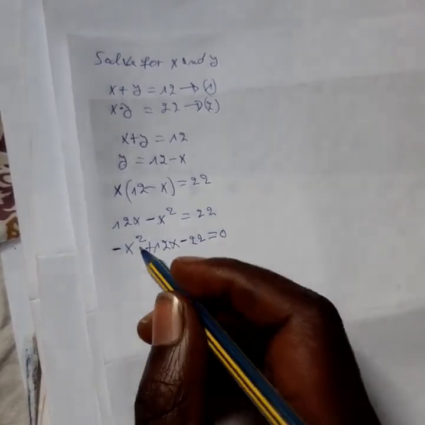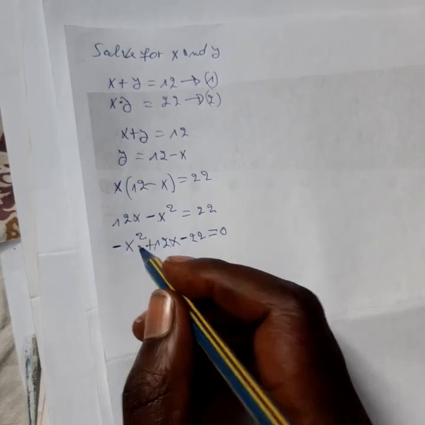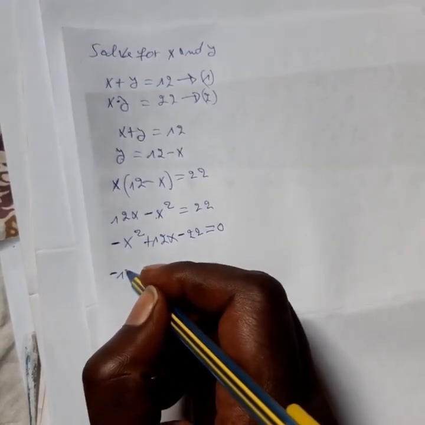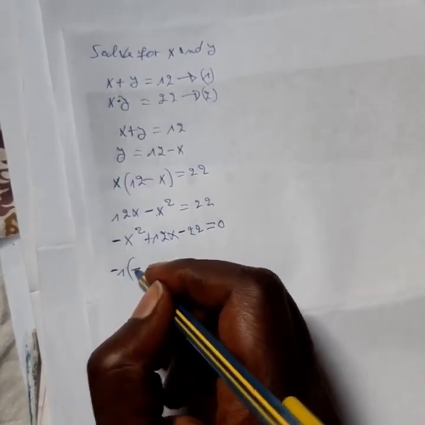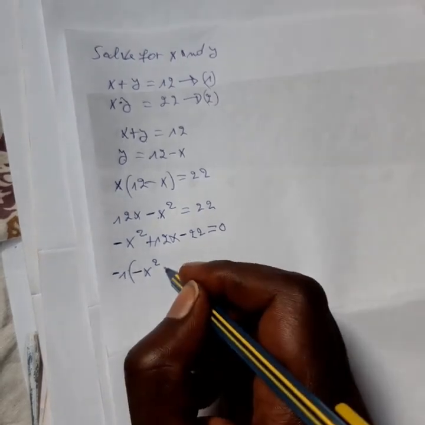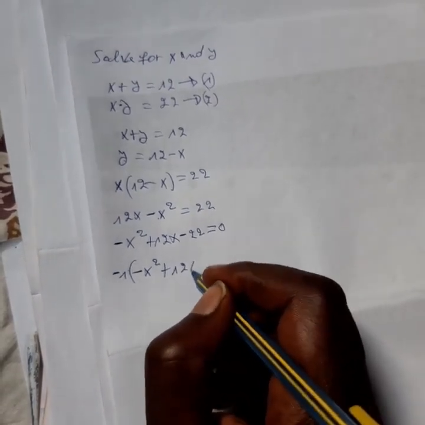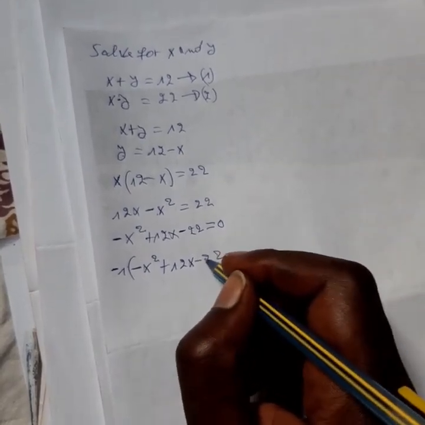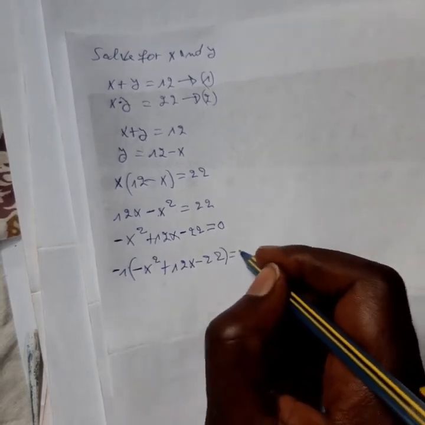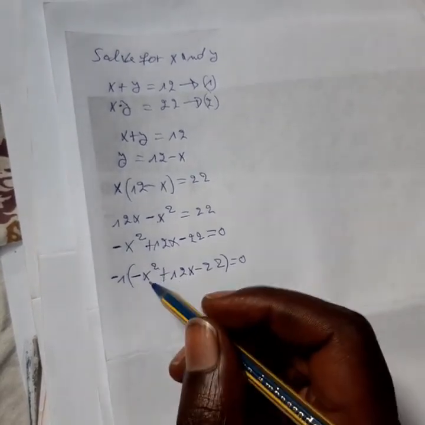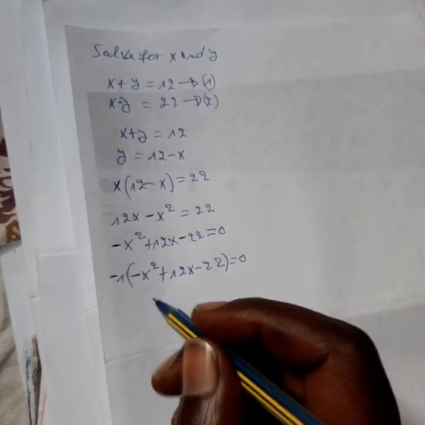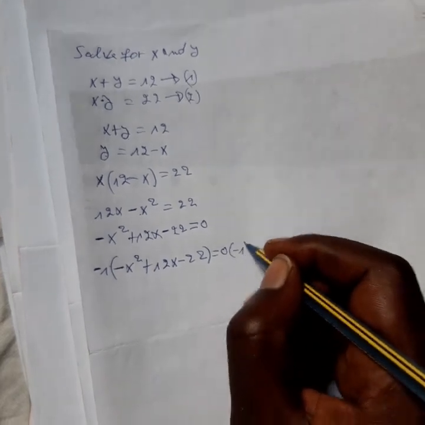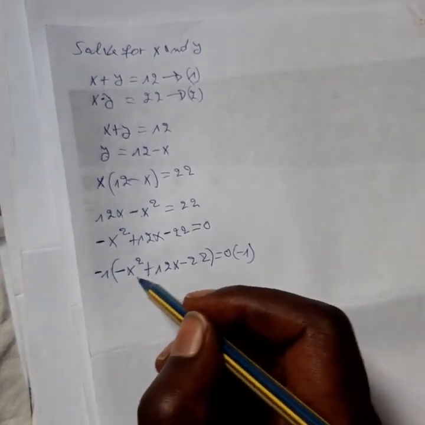Then we're going to multiply both sides by negative 1. So we get negative 1 times negative x squared plus 12x minus 22, which is equal to 0. Then we multiply this negative 1 inside.